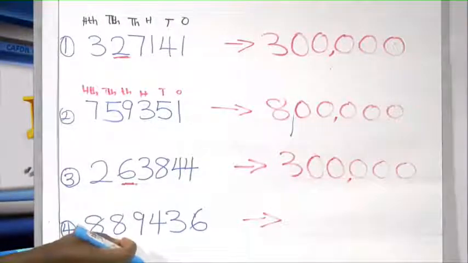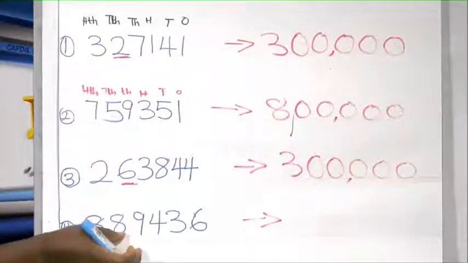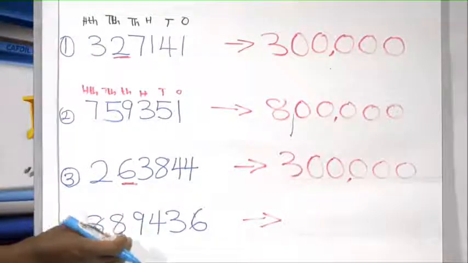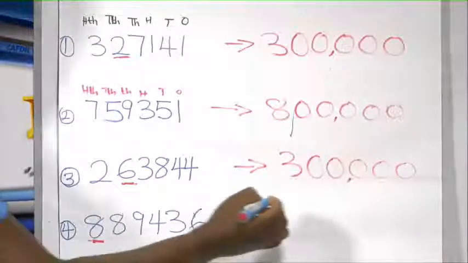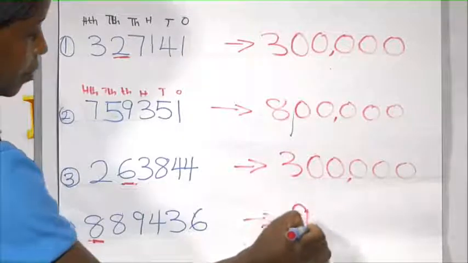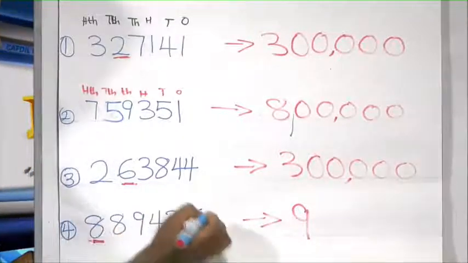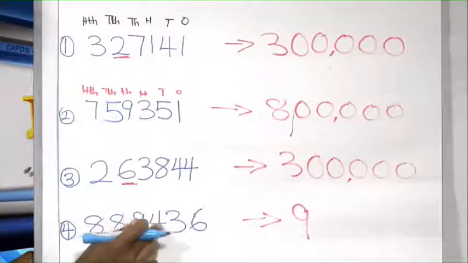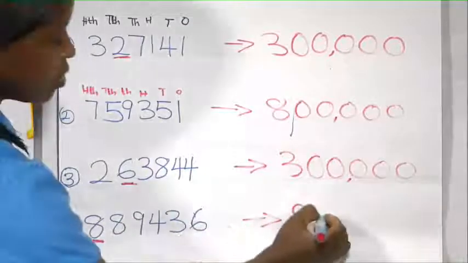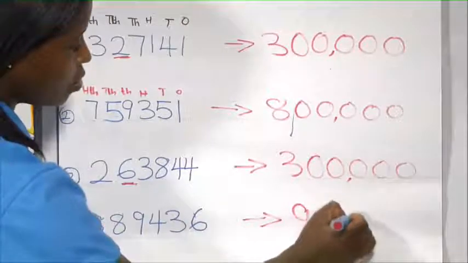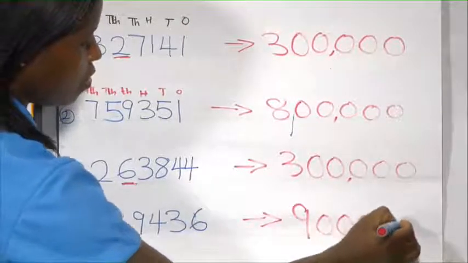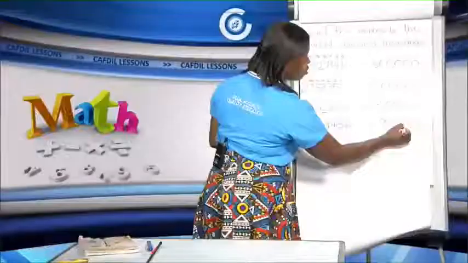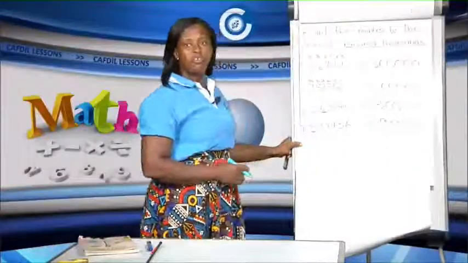It is more than 5. So we will add 1 to the 8. So 1 plus 8 will give us 9. And write the rest of the digits as zeros. So we get 900,000.